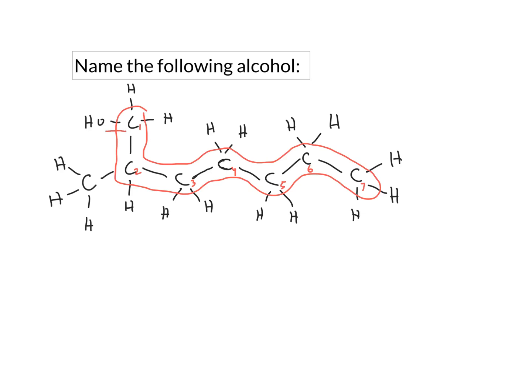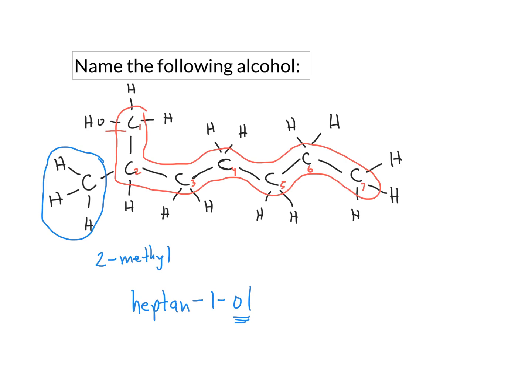Any branches off this chain, I have a branch on the 2nd carbon. So on the 2nd carbon, I have a methyl group. So to put that all together, I have a 7-carbon chain, which would be heptane. And on the 1st carbon of that chain, I have an alcohol functional group.